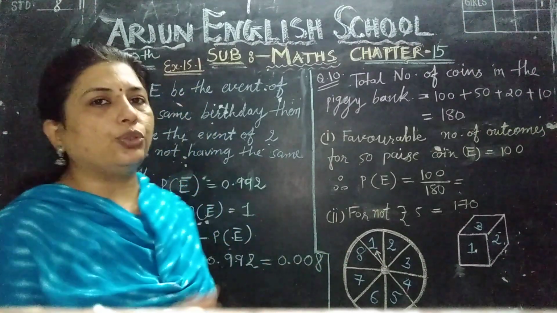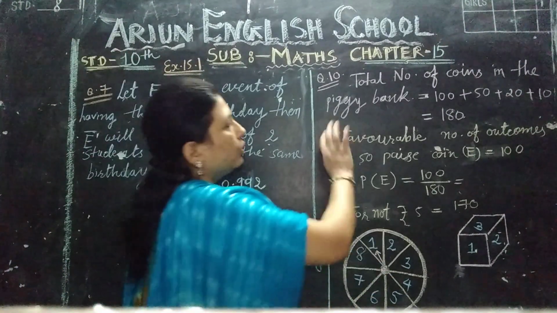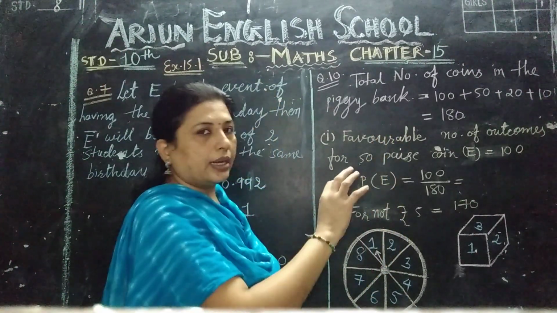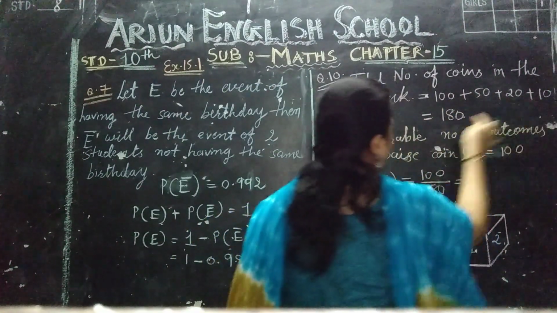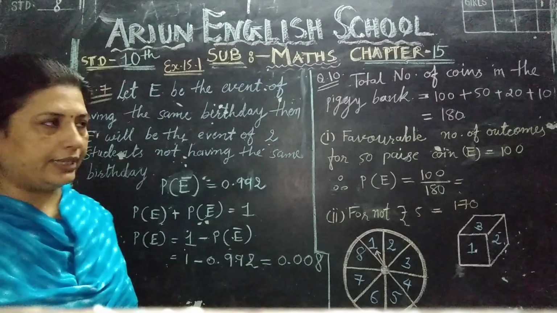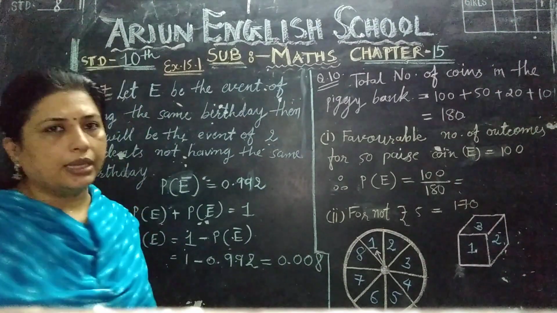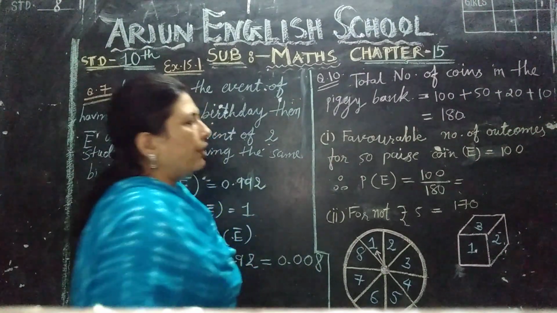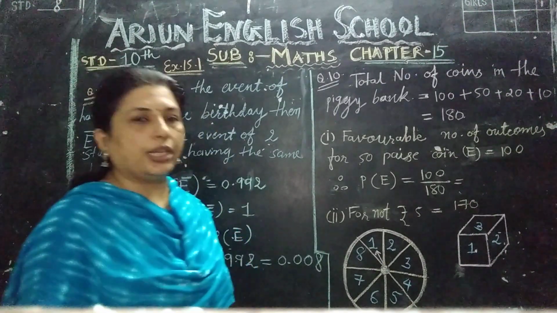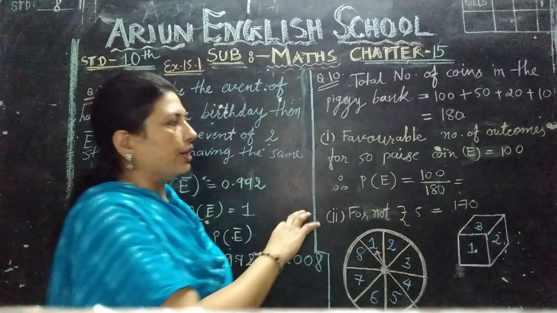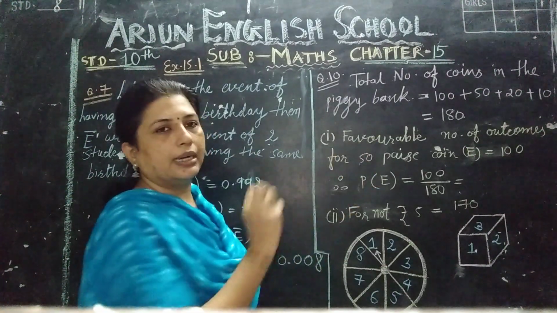Here again you need to calculate total outcomes. Total coins, how will you calculate? 100 plus 50 plus 20 plus 10 is equal to 180. So 180 total coins are there in the piggy bank. Now favorable number of outcomes for, sorry, 50 paise coin. 50 paise coins are 100.